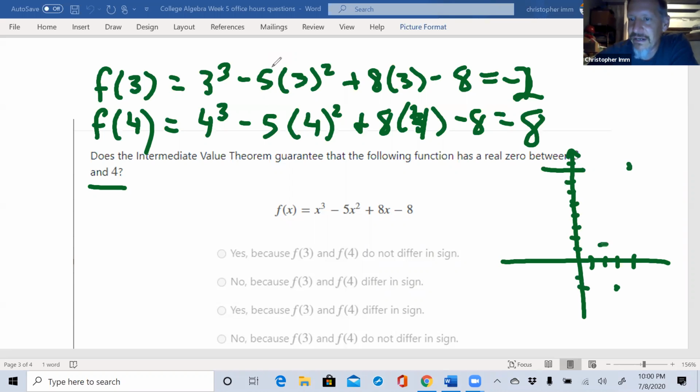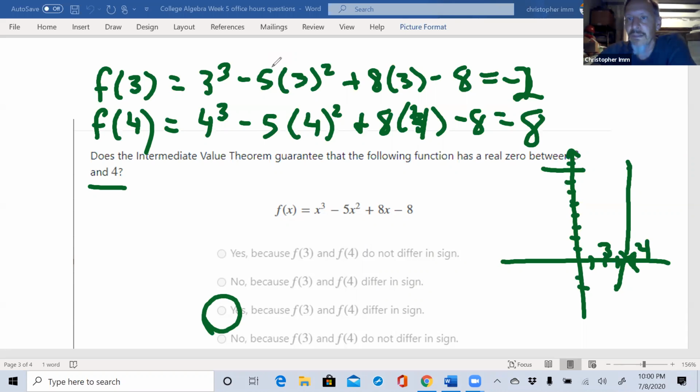Somewhere between 3 and 4, this has to go through and there has to be a zero there. That's all the intermediate value theorem says. So this one would be yes, there is, because those two differ in sign.